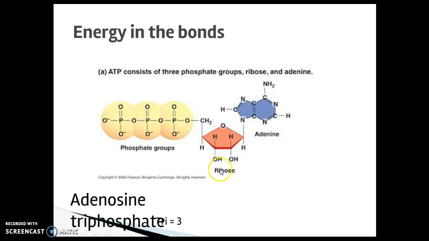It has a ribose molecule, which is another term for sugar, ribose sugar. And then there are 3 phosphate groups. So if you can see here, I have 1 phosphate group here, 1 phosphate group here, and 1 phosphate group here, getting the term adenosine triphosphate.